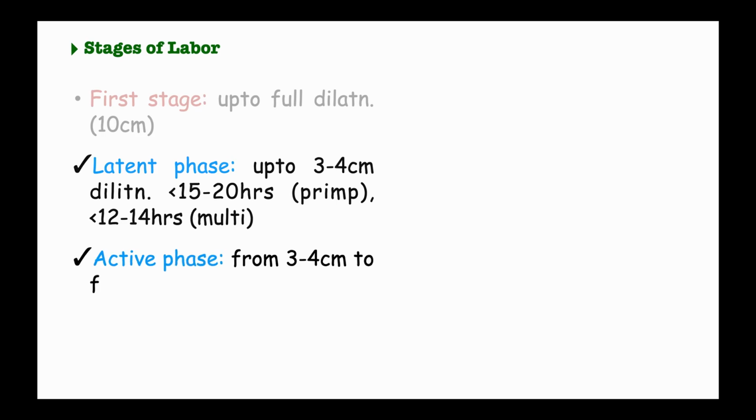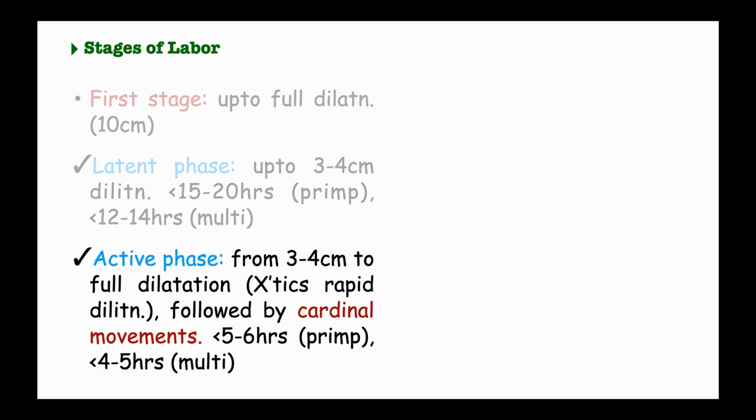Then we talked about the active phase, which is from 3 to 4 centimeters to full dilatation of the cervix with rapid dilatation at this stage, and it must be followed by the cardinal movements to deliver the fetus, usually lasting less than 5 to 6 hours in the primipara, as well as between 4 and 5 hours in the multipara.